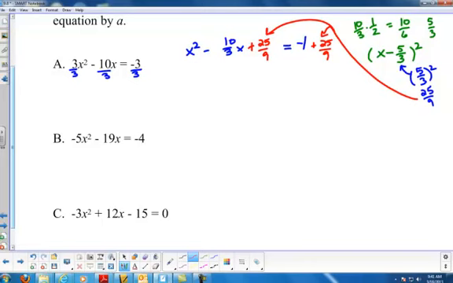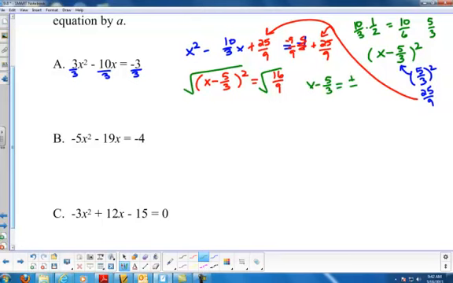So my factored form is x minus 5/3 squared. And on the right here, negative 1 is the same exact thing as negative 9 over 9. And negative 9 plus 25 is 16. So when you square root both sides, you get x minus 5/3 equals plus or minus the square root of 16 over 9, which is 4 over 3.